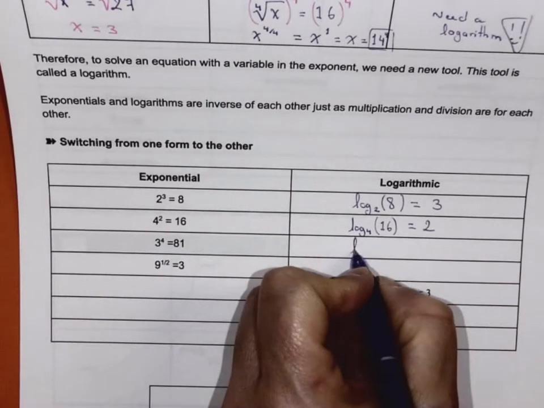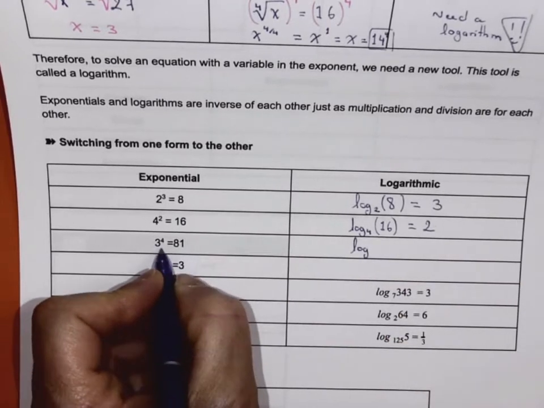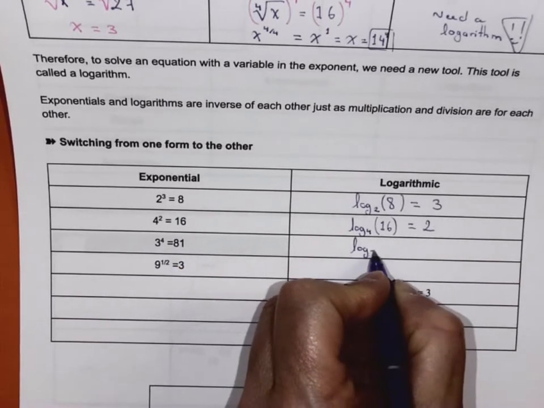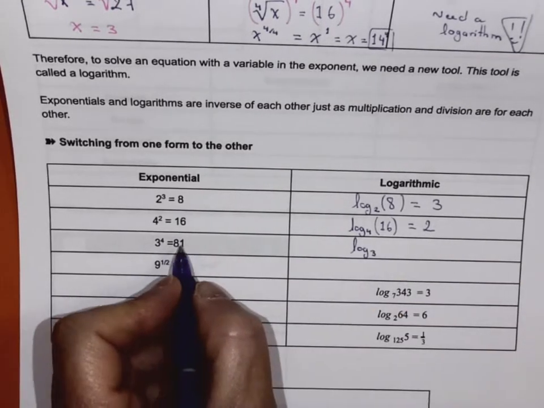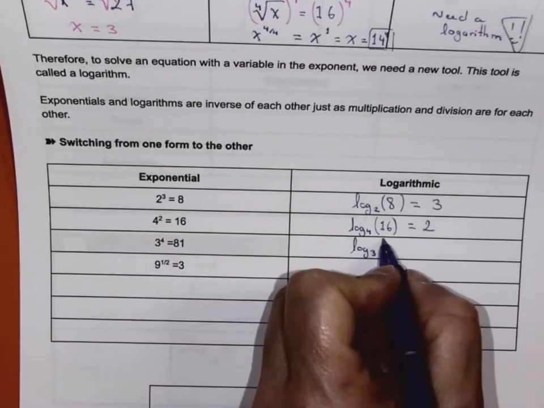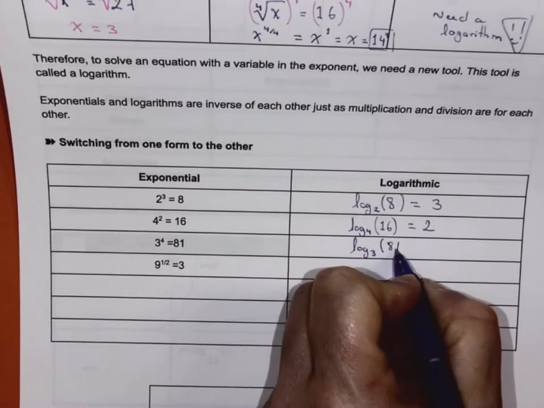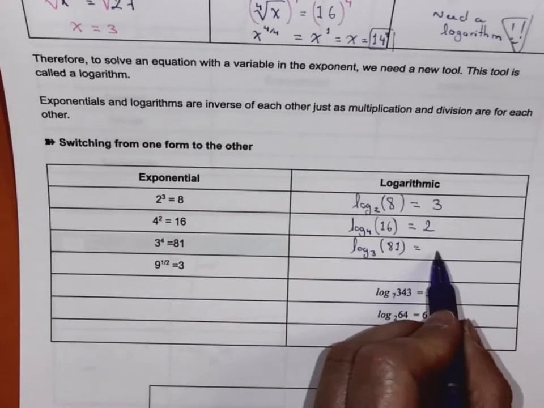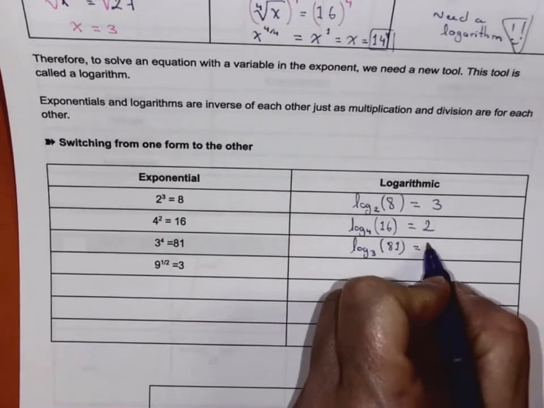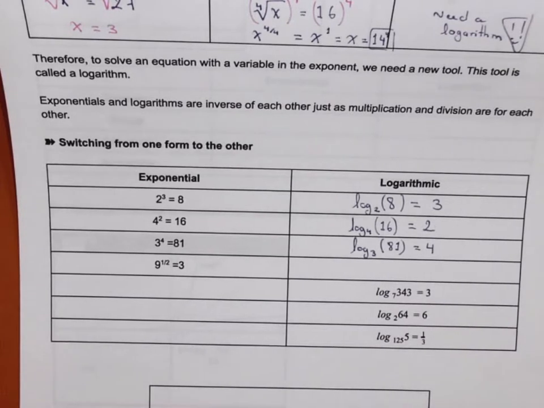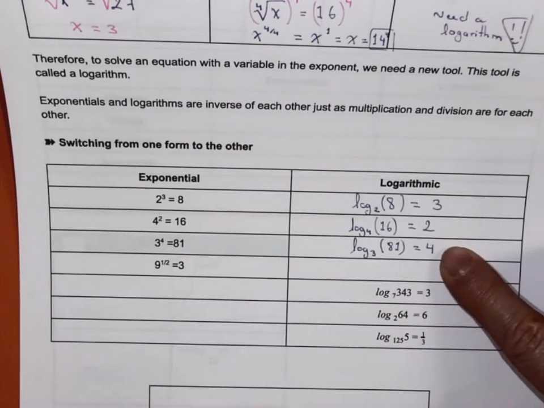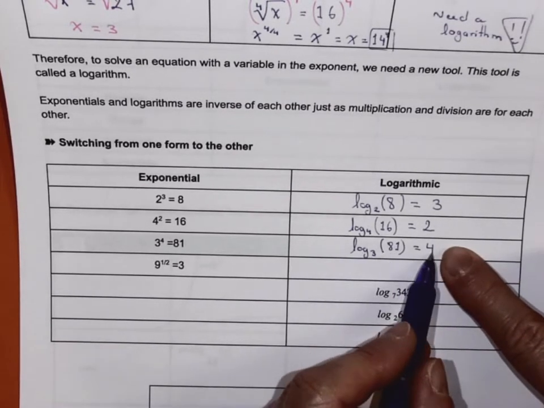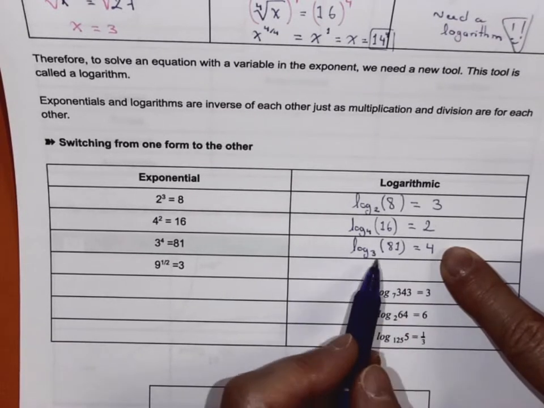The base of the exponent is also the base of the log, the answer to the exponential is inside your log, and that's equal to the exponent. So 3 to what power gives me 81? That will be 3 to the 4th. So when you're evaluating a log, what you're really trying to find is an exponent: the exponent that you would have to raise this base to get that number.